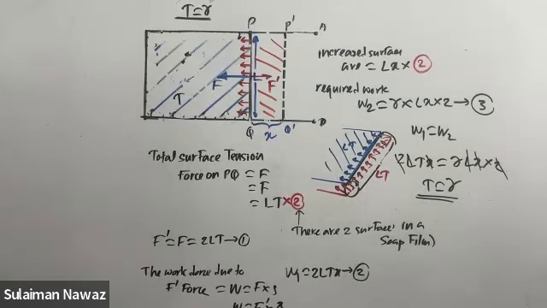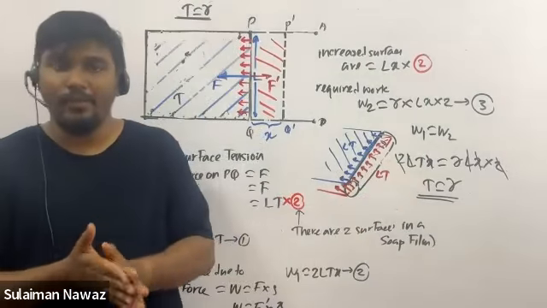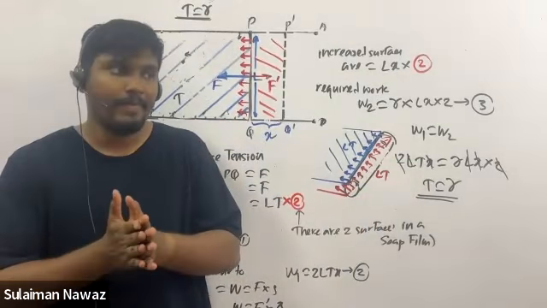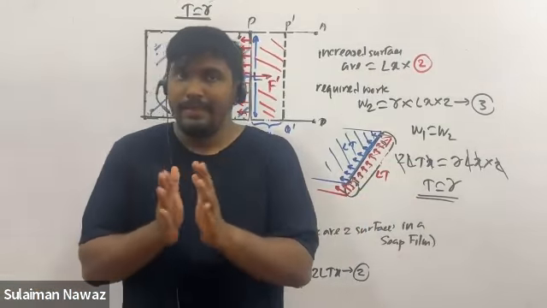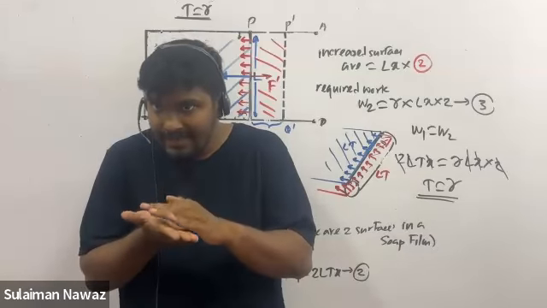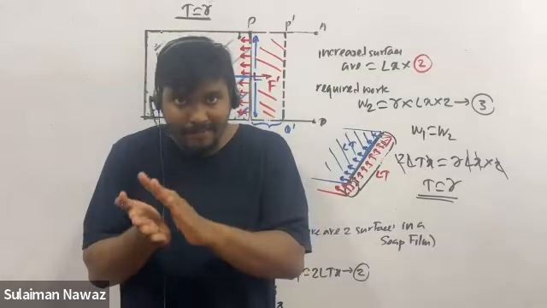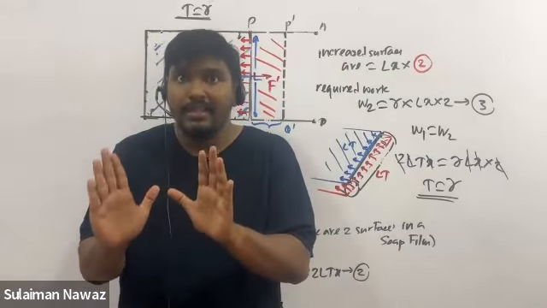Start doing that question quickly. You can do it now. It's a very easy idea. The required work done means you find the increase in area. Listen very carefully. The idea is very simple. If there's a liquid surface, in order to increase the surface area of the liquid, we need to do work.